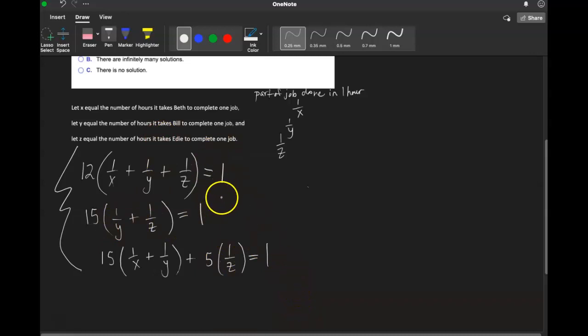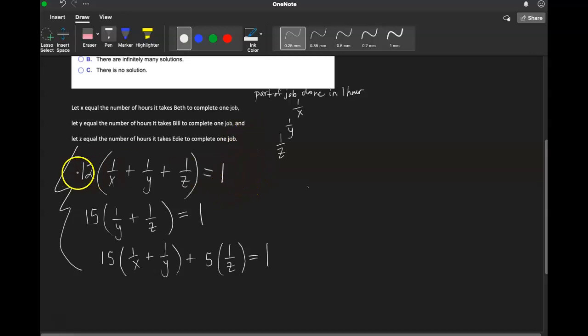Since I see some similarities, like the 1 over x, I could take 2 equations at a time and use either the elimination or substitution method. In a little while, you're going to learn some more advanced methods that may even work better than those 2, but I want to stick with what the problem's calling for, which is either substitution or elimination.